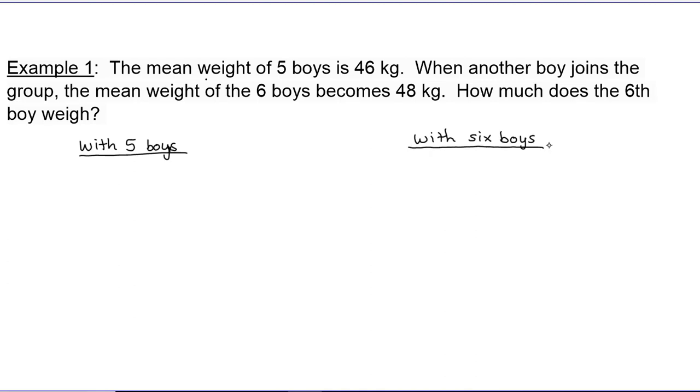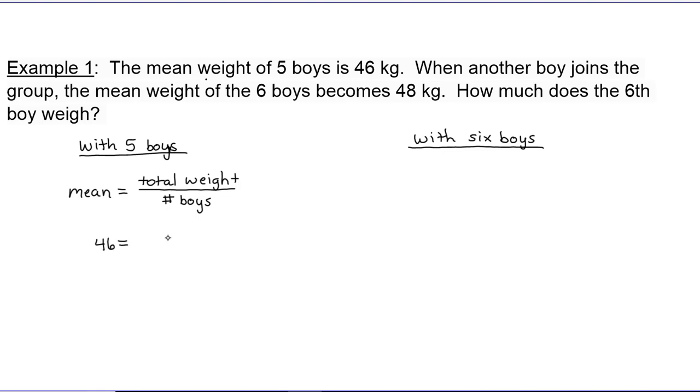Okay. So remember, the mean is equal to basically our total weight, or in other words, when we add everything up, divided by how many boys there are. In this case, there's 5 boys. All right. So when we only had 5 boys, we said the mean was 46.